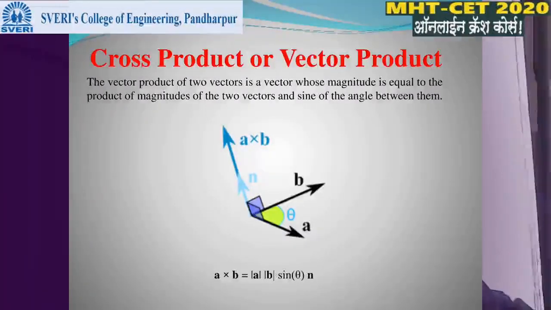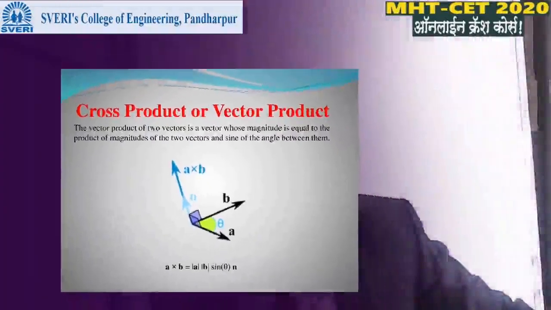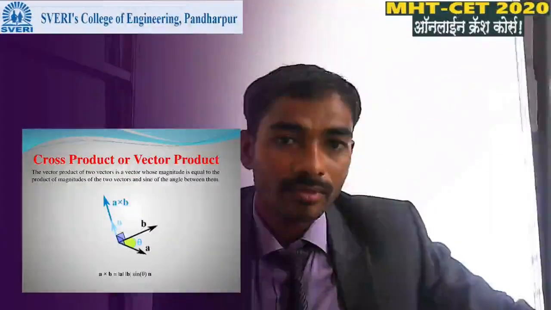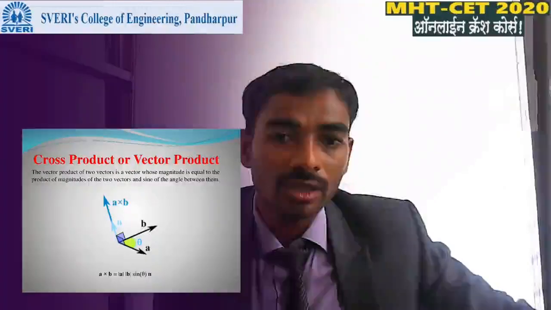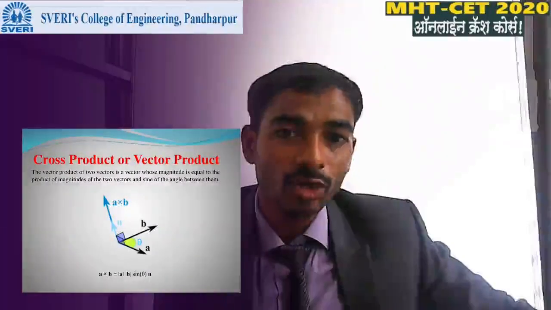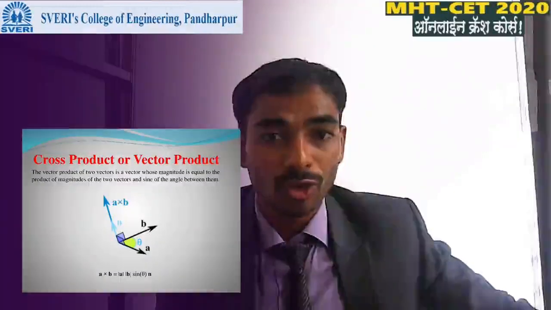But in cross product, there is a cross b. See here, very important. In dot product or scalar product, we use a dot b and cos theta.